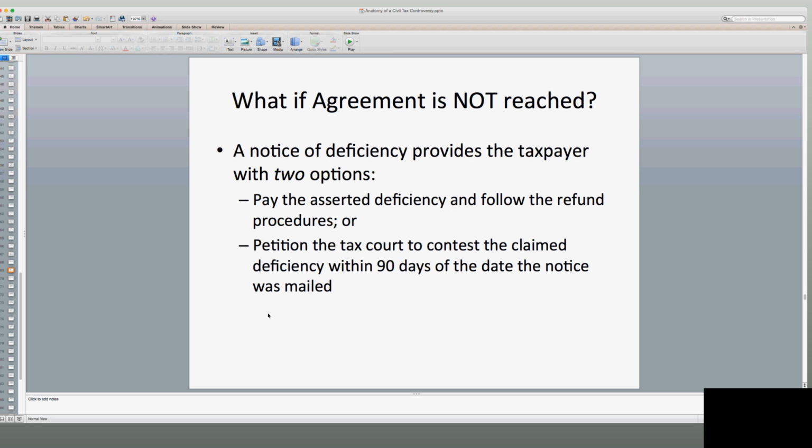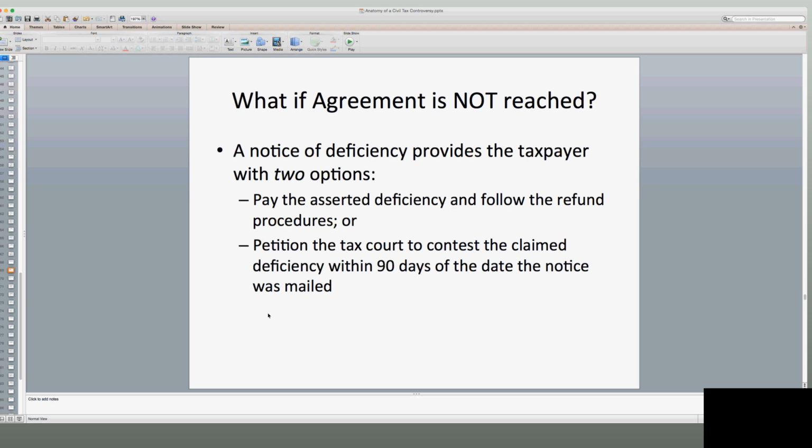A notice of deficiency is also considered the ticket to tax court because it basically gives the taxpayer two options, and in many cases the taxpayer doesn't really consider any of these options because it's kind of cornering them to one of two things. The first is to reluctantly pay the asserted deficiency and follow the refund procedures, which are explained. Or second, petition the tax court to contest the claimed deficiency within 90 days of the date the notice was mailed.